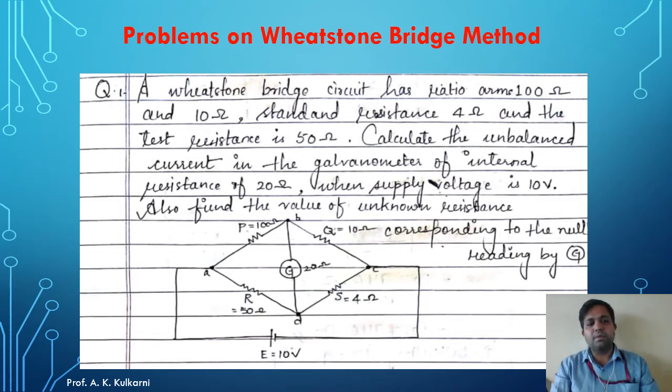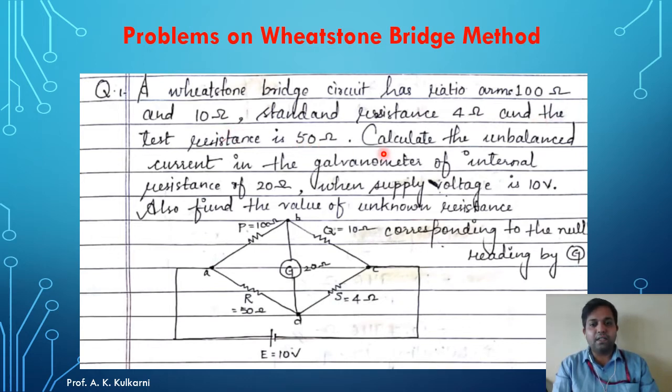So this is the problem statement given for the problem. It states: a Wheatstone bridge circuit has ratio arms of 100 ohm and 10 ohm, a standard resistance of 4 ohm, and a test resistance of 50 ohm.